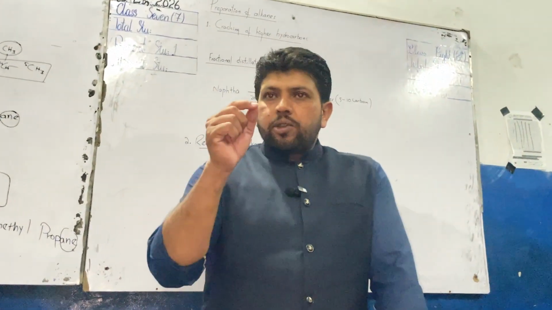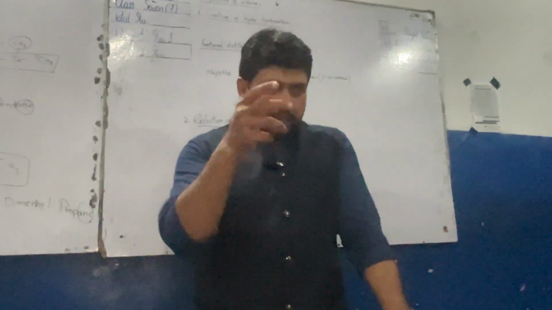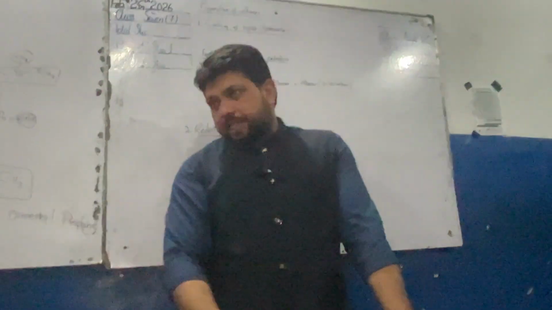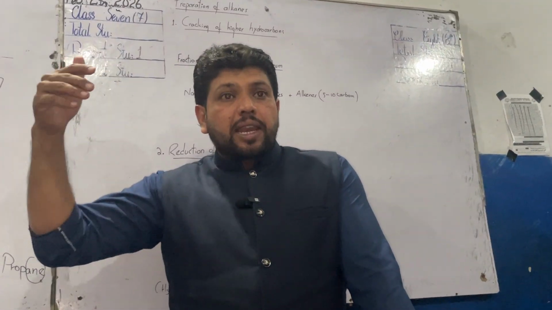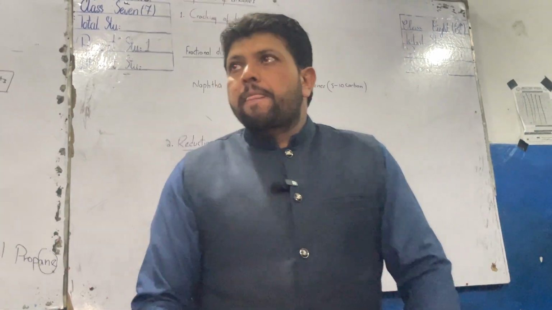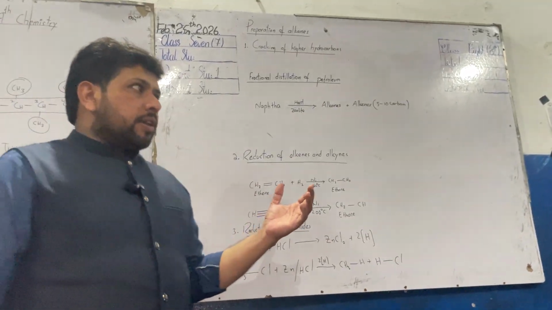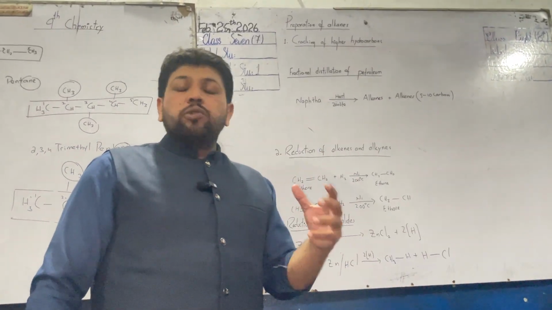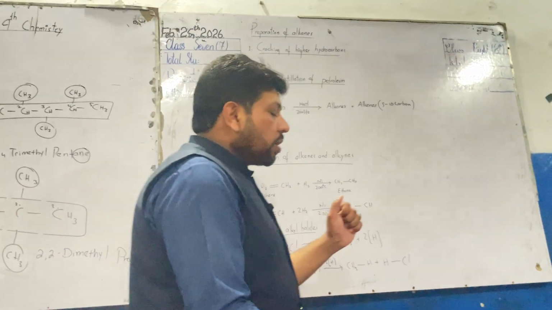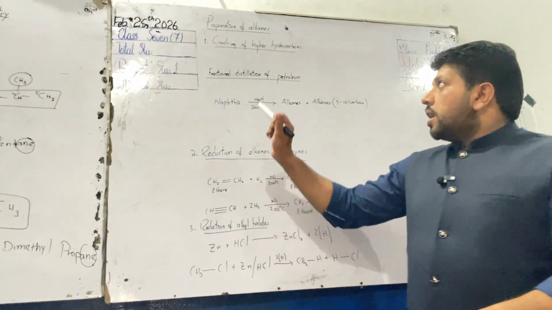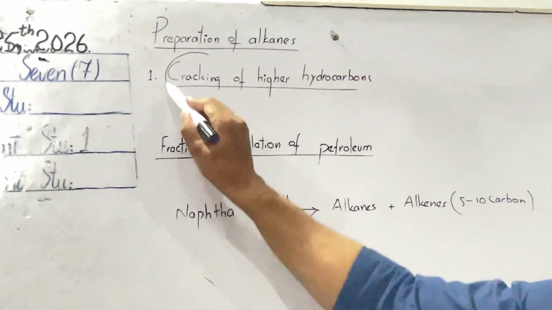Students, now you have to understand the preparation of alkanes, how you can prepare them in the laboratory as well as in manufacturing industries. We prepare them because they are very useful and provide us very useful products. Let's see the preparation of alkanes. The first method for the preparation of alkanes is cracking.